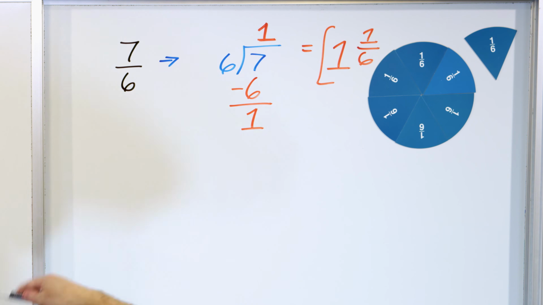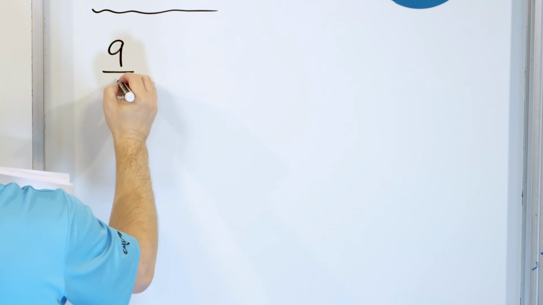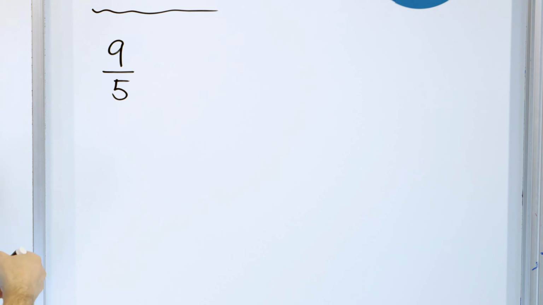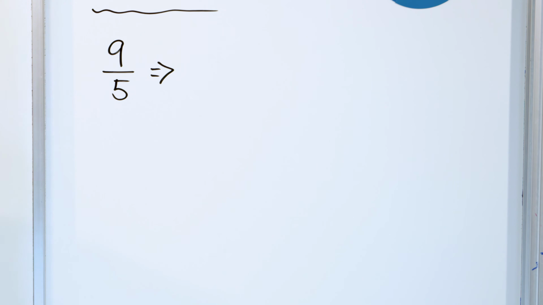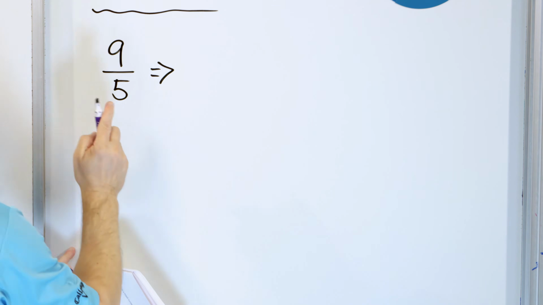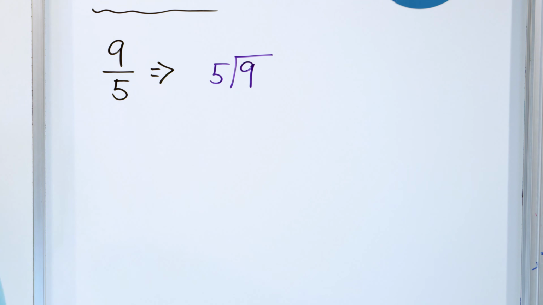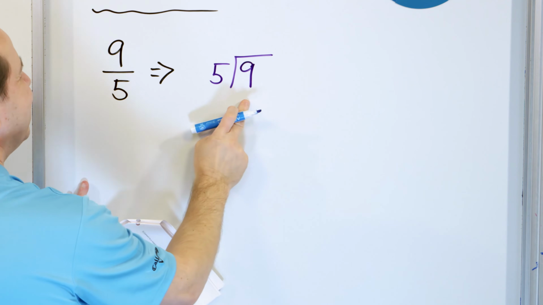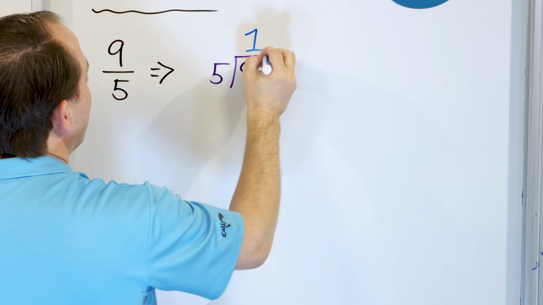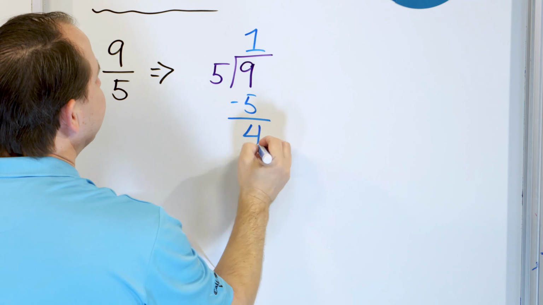So let's crank through more problems to make sure we understand. Let's take a look at the improper fraction 9/5. Top number is bigger, so of course it's improper. And what does this actually mean? Well, in terms of division, we take the number 9 divided by 5. 5 times 1 is 5. 5 times 2 is 10, so it can't be 2, it has to be 1. 5 times 1 is 5, and then subtract, 9 minus 5 is 4.